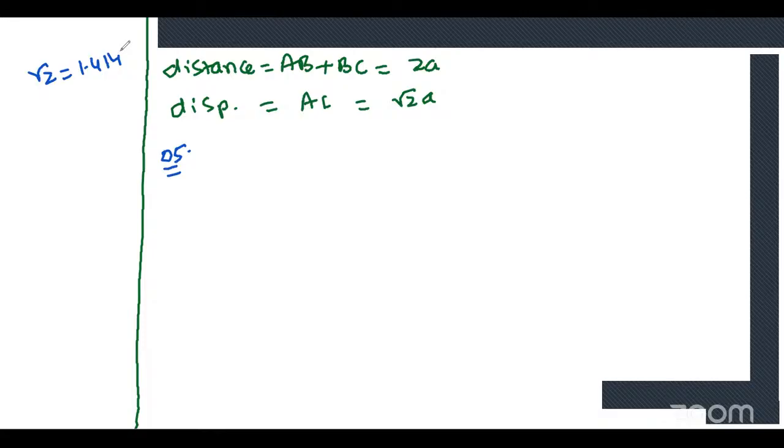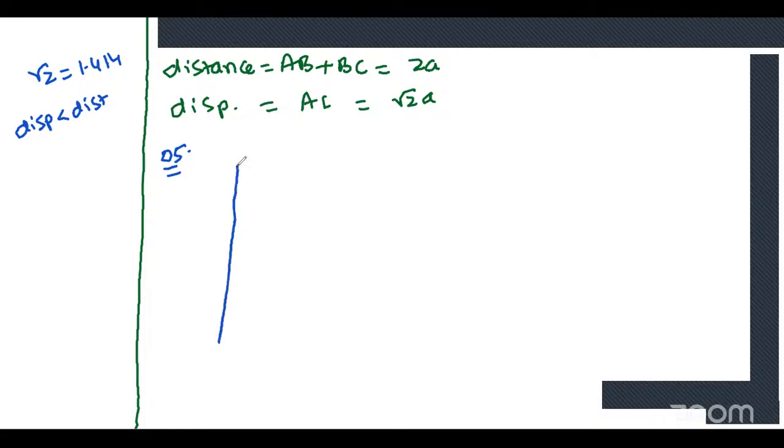So here also I can say displacement is less than distance. Next, the fifth one.